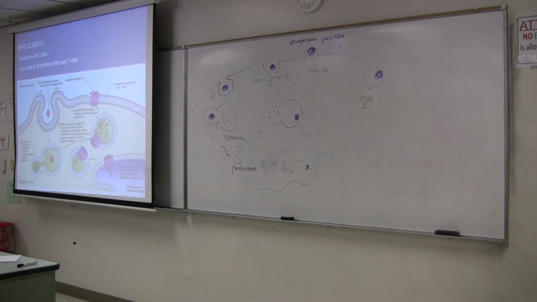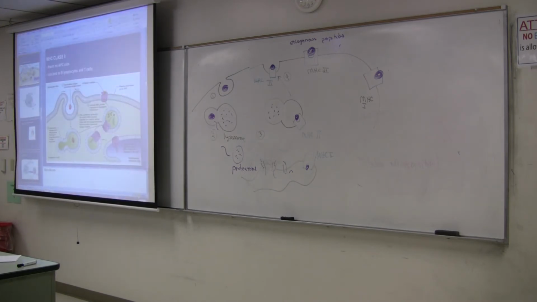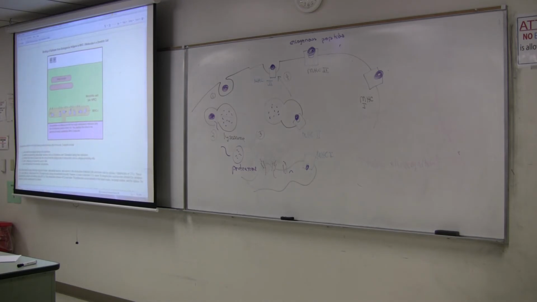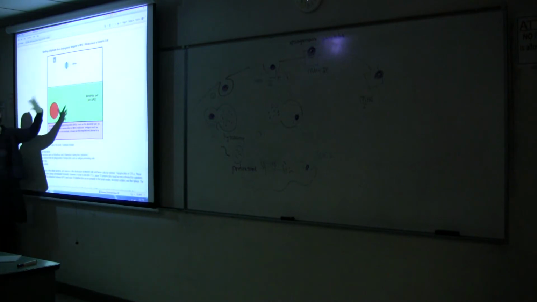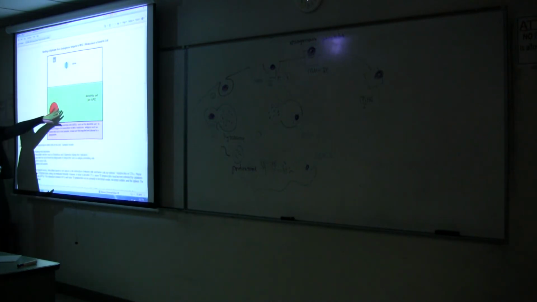So I found a short little cartoon animation that shows this. It uses a dendritic cell instead of a macrophage. All right, so here's the dendritic cell, and it can be just as well a macrophage.